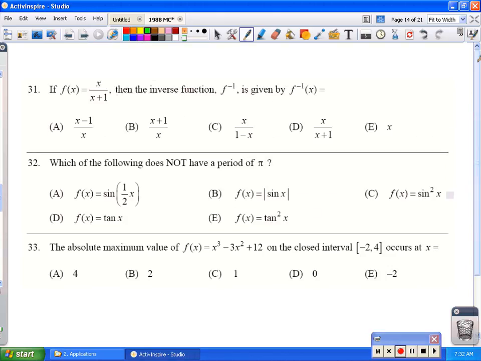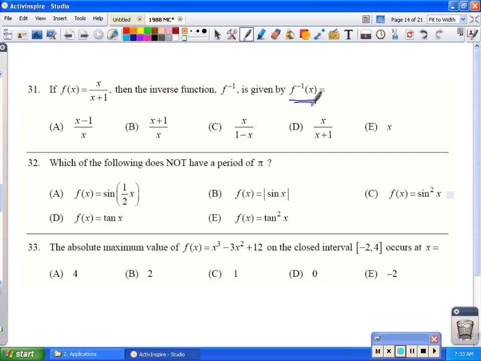All right, number 31, we're finding the derivative of an inverse. Now, you do have a formula for finding the derivative of an inverse, and most of the derivatives of inverses that we've looked at have been when we are finding the derivative of an inverse at a specific value, but this just wants the actual function.